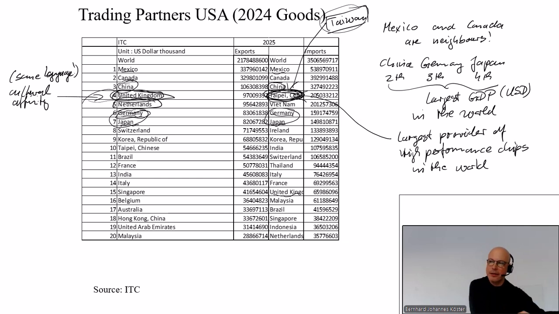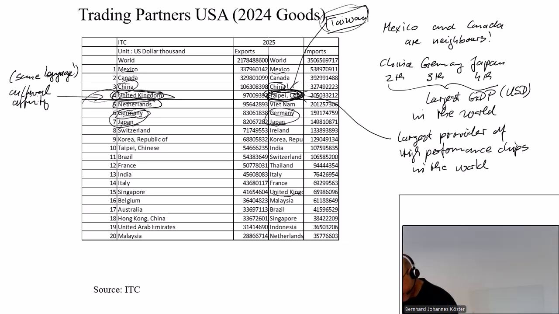So it is not that they have the goods, but the goods are coming to the Netherlands and then they start their journey to the United States. So here then we could say this has something to do with geography. If you have a port, if there are mountains in between and so on.